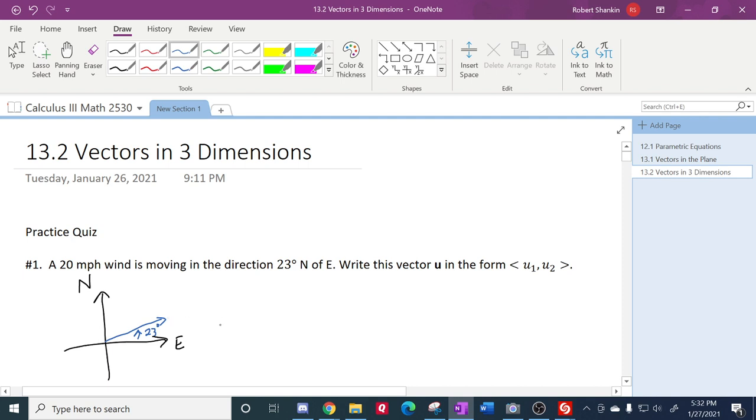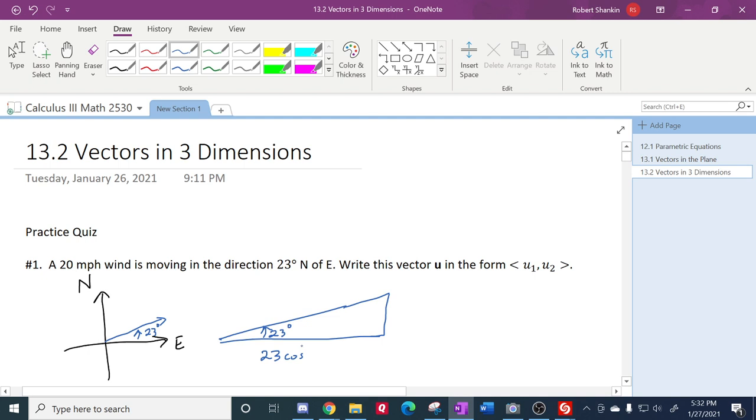And then you've got this, and let me blow that triangle up a bit. This is 23 degrees. And we just have this standard right triangle. And this, the adjacent part is 23 cosine.